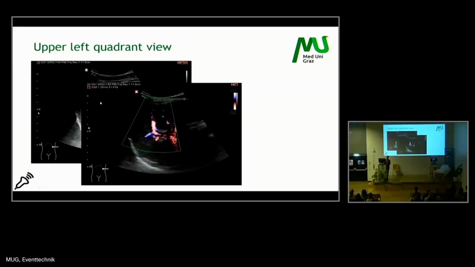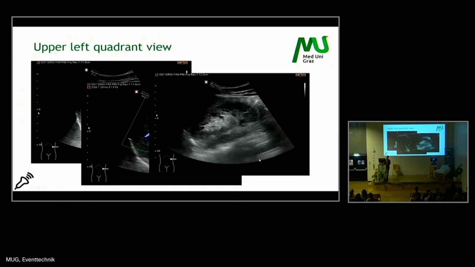Due to this little hyperechogenic line, we did a Doppler sonography and showed orthograde vascularity of the spleen. And then we took a look at the kidney as well, with no signs of injury and no signs of free fluid in the collar pouch.